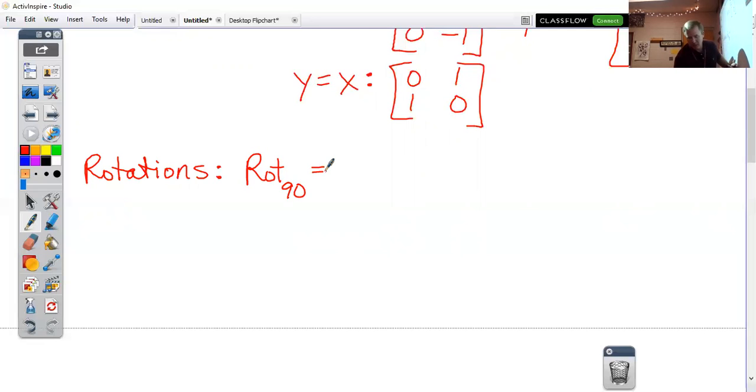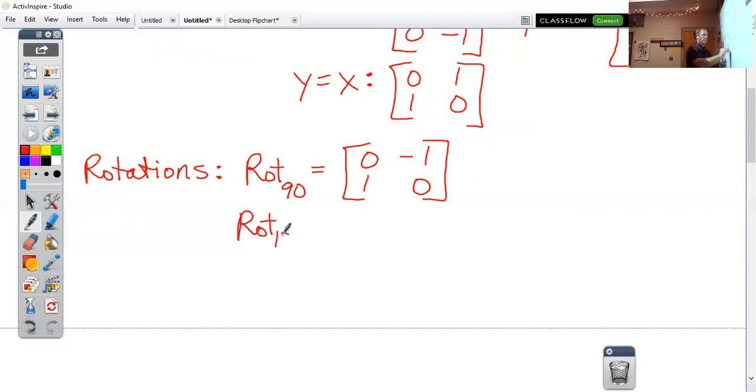And again, these are in your book. These are on page 91. If you don't want to write them, they're here. So rotation 90 degrees, you do 0, negative 1, 1, 0. A rotation of 180 degrees, you do, again, negative 1, 0, 0, negative 1. All of these are on page 91 in your book.